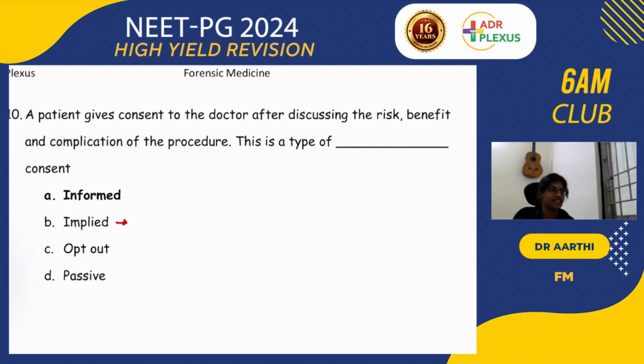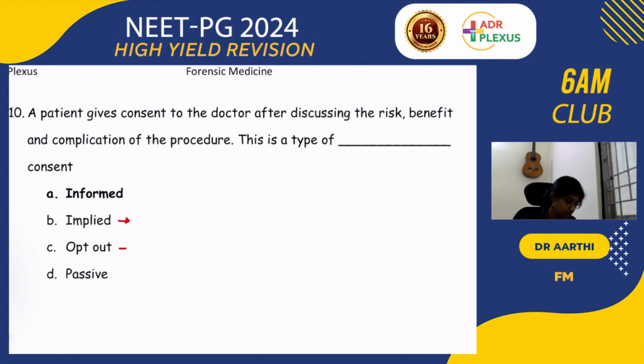That is implied consent. Opt out means you presume that the patient has not given consent. That's an opt out system. Passive consent, there is nothing as passive consent. They have given it as passive, which means it's almost like an implied consent. You have not asked anything, you have not said anything, it's just agreed upon. He has come, you have agreed. It's like an implied consent.